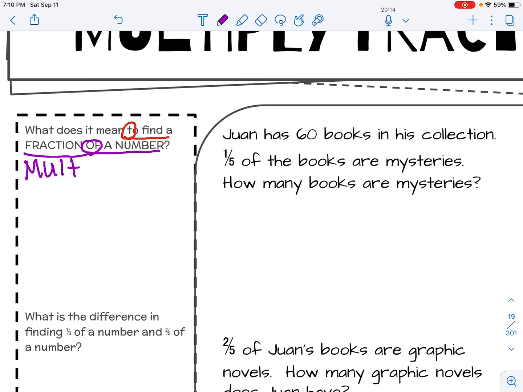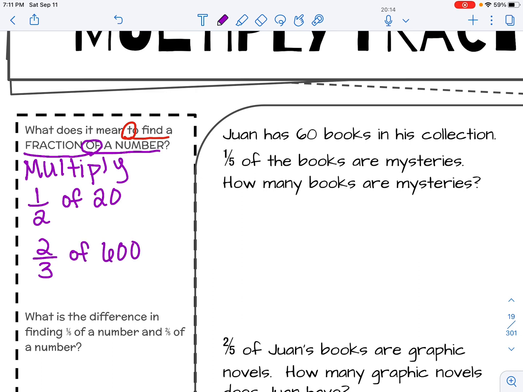And you're going to hear us say to find a fraction of a number so many times this year in math class. So this is like saying 1/2 of 20. That means to multiply. Or 2/3 of 600. So this means you are going to multiply the fraction by the whole number.